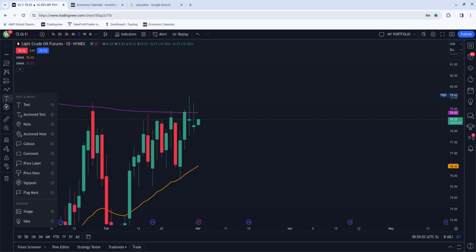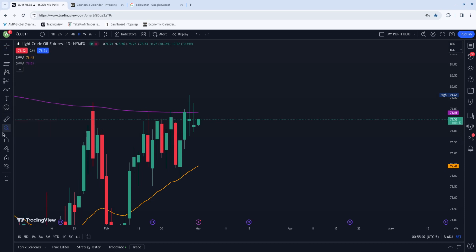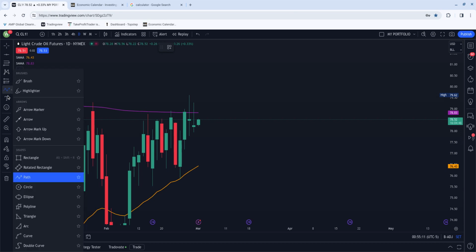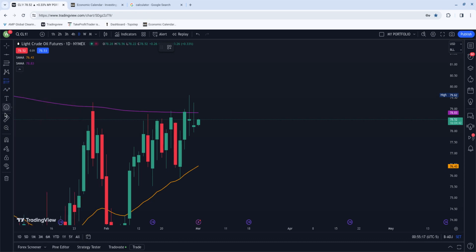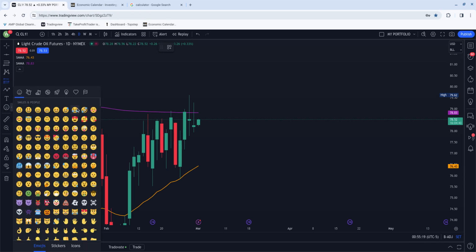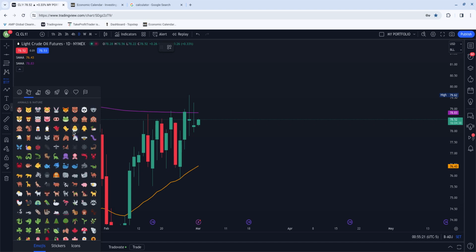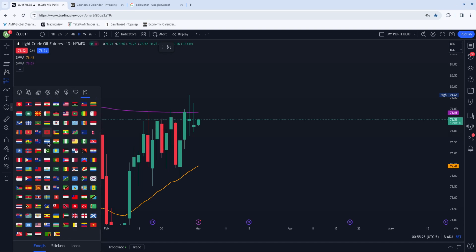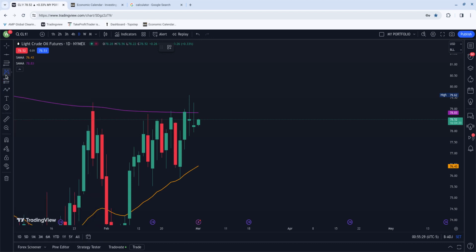So let's see. Have I done this before? Let me see if I can find it. I seen something here before that I was able to use. I could have used. Where the smiley face is at? Nah, it's not there. But there was some here one time I could have used the candle itself.